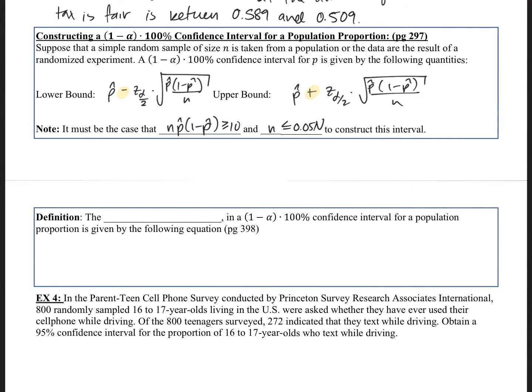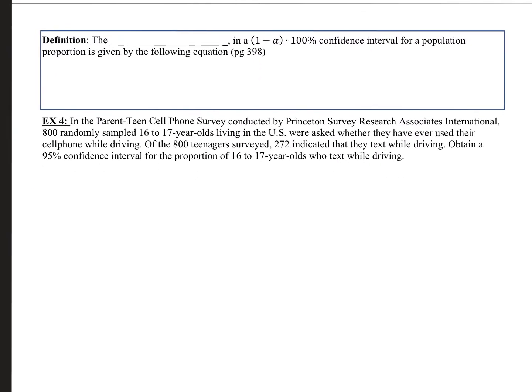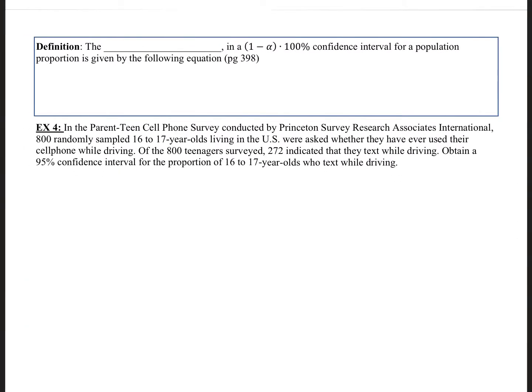Now let's take a look at a definition. So, by definition, the margin of error, capital E, is what we give it. Once again, note, if the margin of error is capital E, make sure to use a capital E. Don't use a lowercase e.